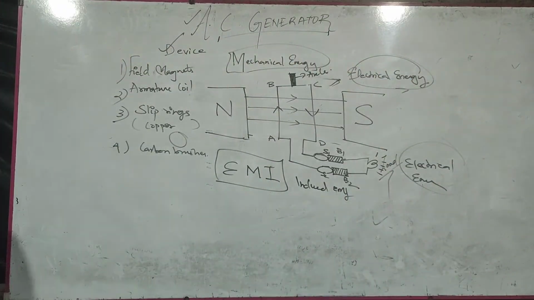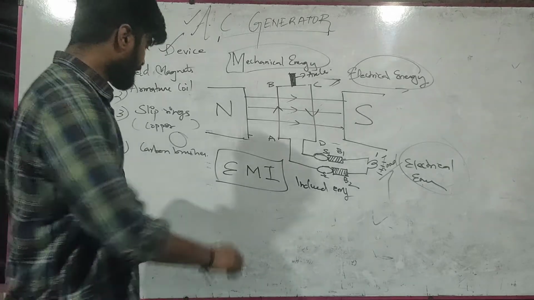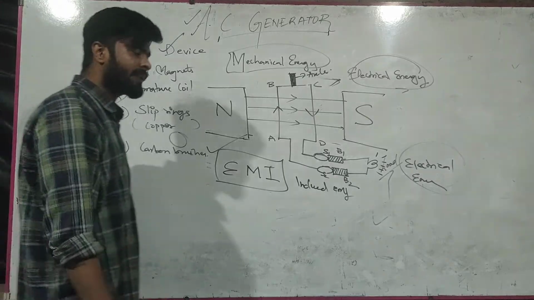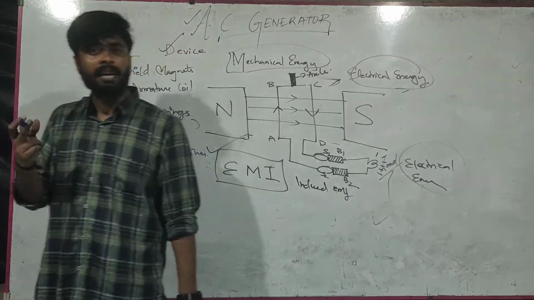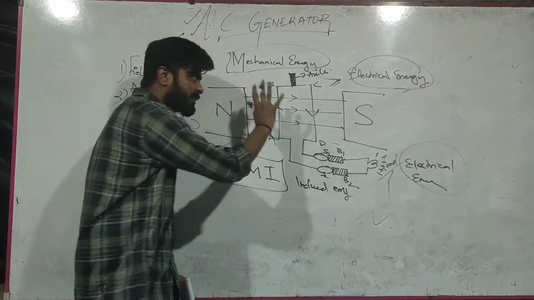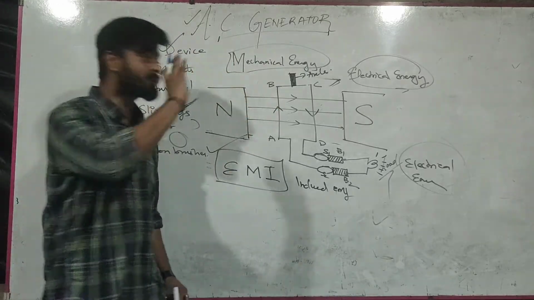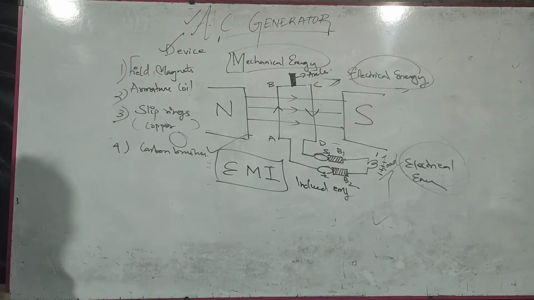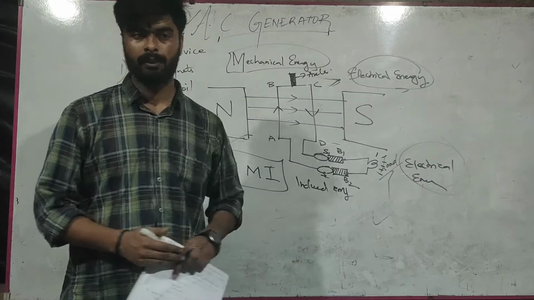This is how AC generator works. The principle on which AC generator works is EMI. What is electromagnetic induction? Whenever there is a change in magnetic flux linked with a coil, an EMF is induced in the coil, which results in induced current, which you get at the load. Clear?